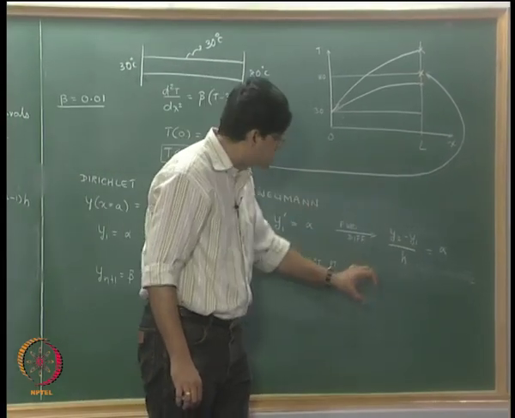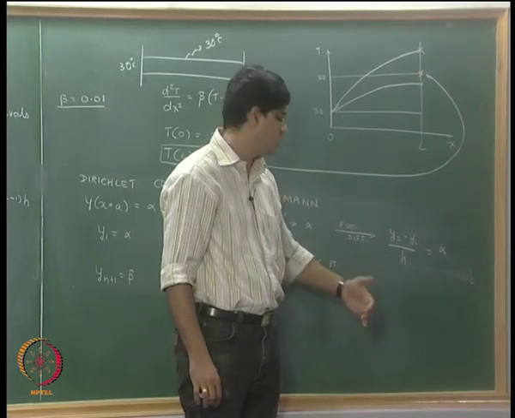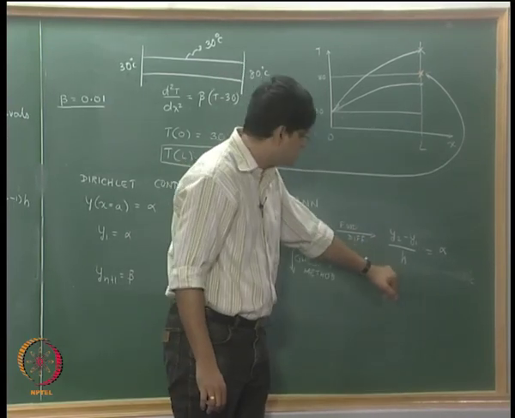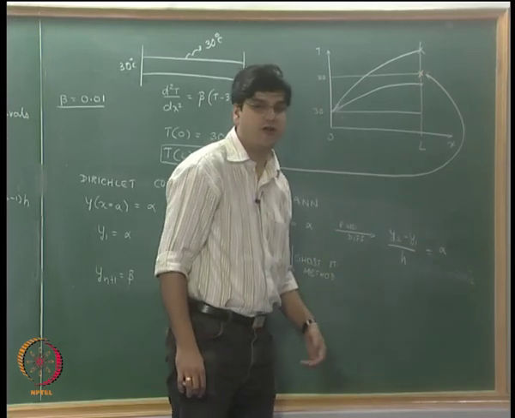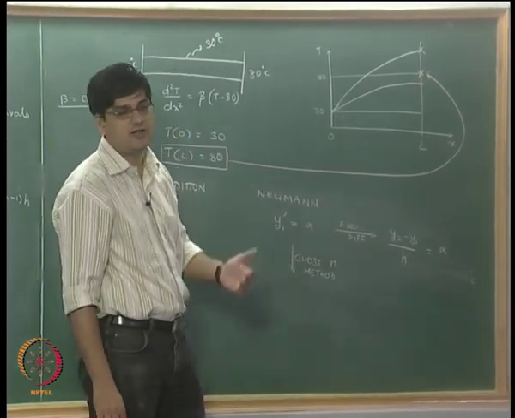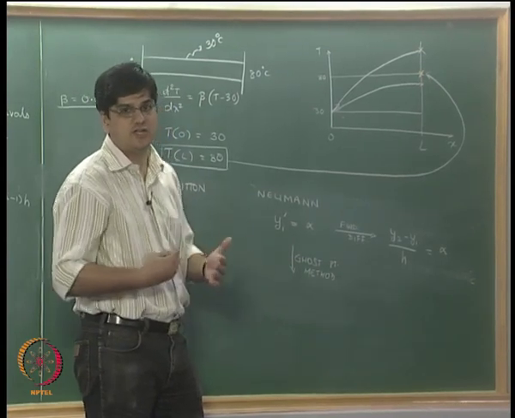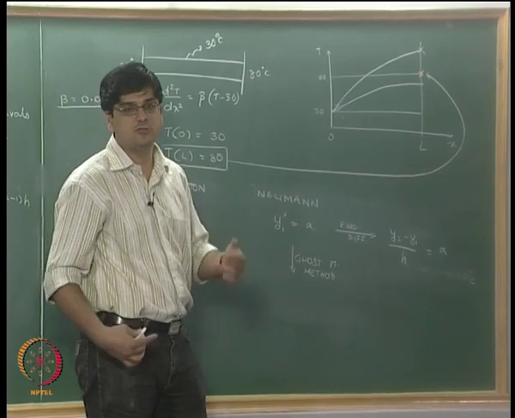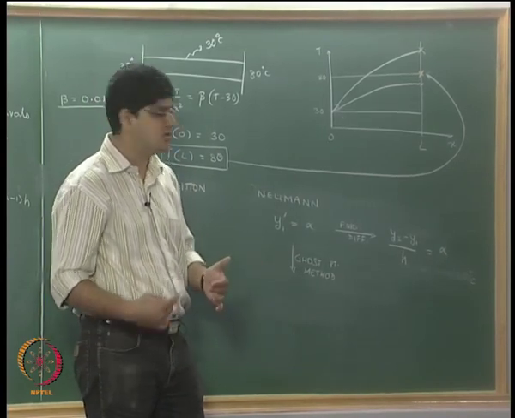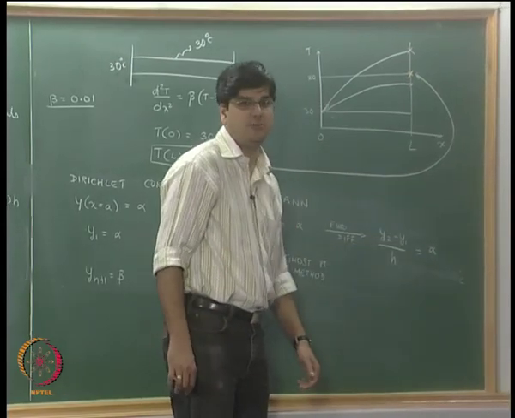The largest error is going to govern the overall error in the solution. Since the largest error is an h to the 1 order error, the overall solution is going to be h to the power 1 accurate, in spite of us spending a fair amount of effort in getting an h to the power 2 accurate solution in the domain using a central difference formula. So, that is why this method may not be a preferred method.